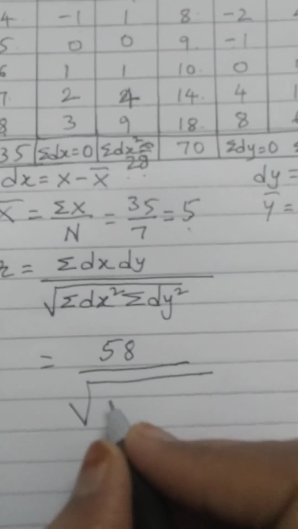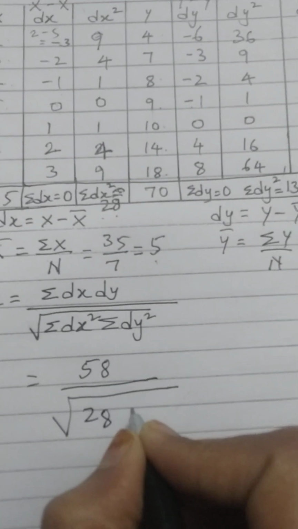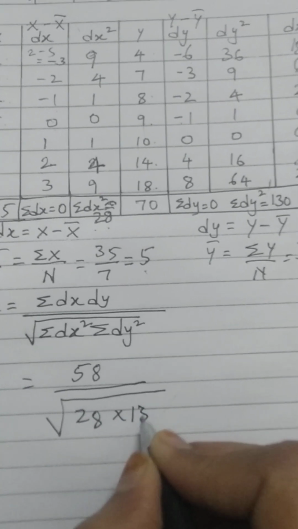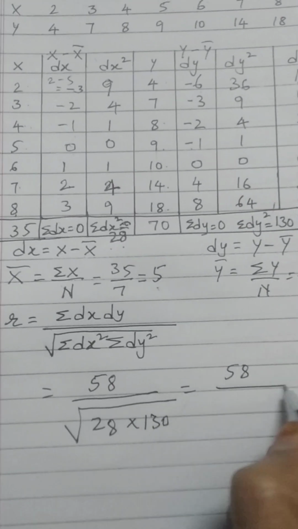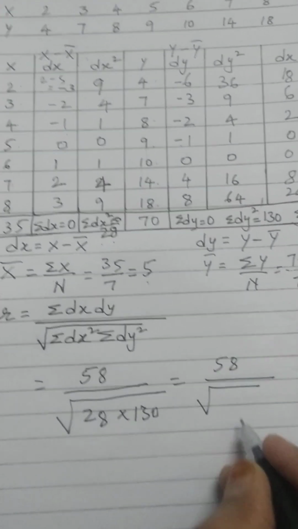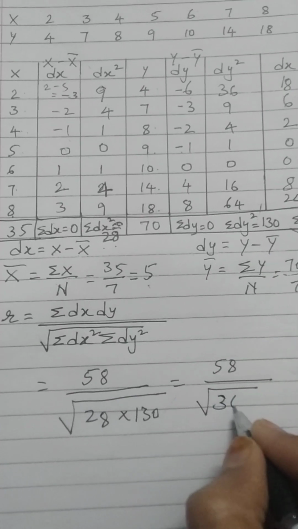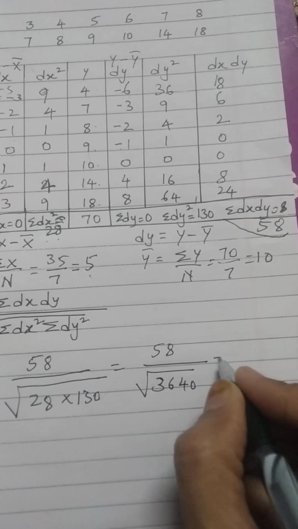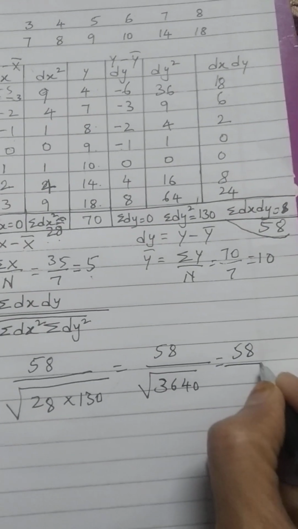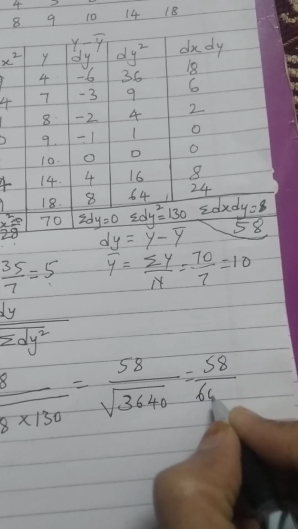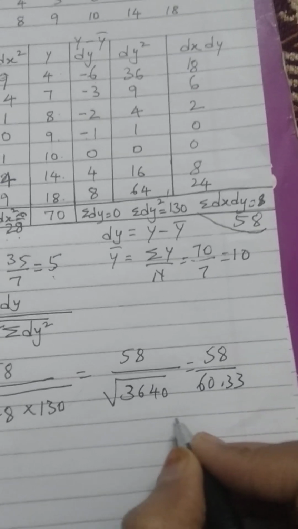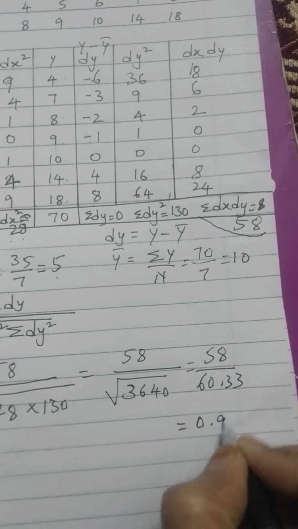So here I will put 28 into sum of dy square, which I got as 130. So 58 divided by square root of 28 into 130. 28 into 130 is 3640. Square root of 3640 is 60.33, so 58 divided by 60.33 is equal to 0.96.